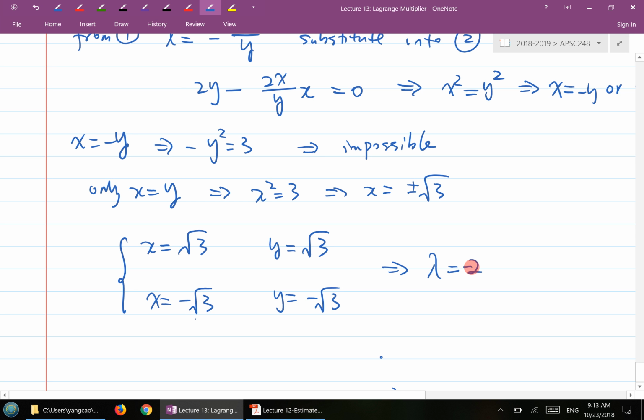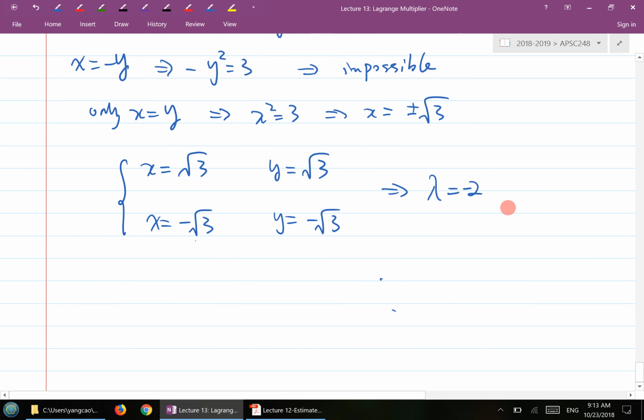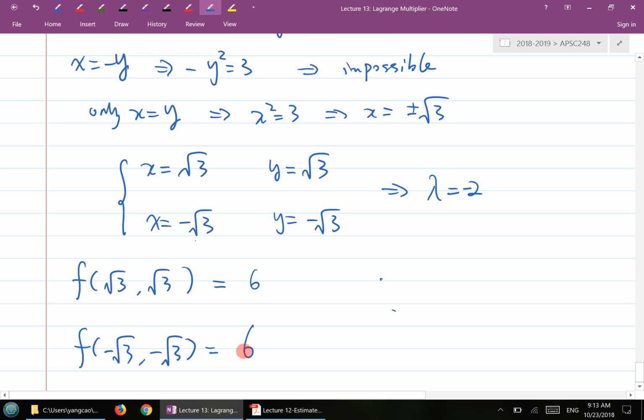Very good. So the next logical question is, I have 2 locations, then what are the corresponding values of the function at the 2 locations? So we can calculate the f value at root 3, and we also want to calculate the f value at negative root 3, and they turn out both of them equal to 6.